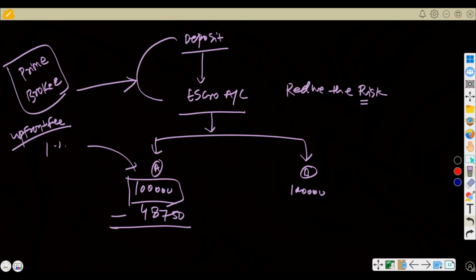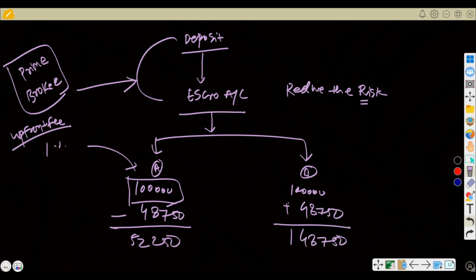And that's what the broker asks for, that both the counterparties deposit the amount in the escrow account. And here the net amount balance will be reflected. And here for it, that will be added.